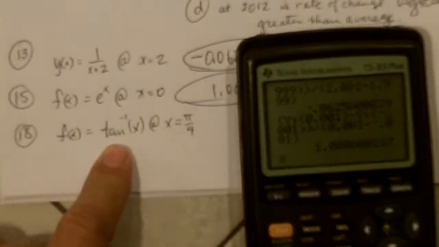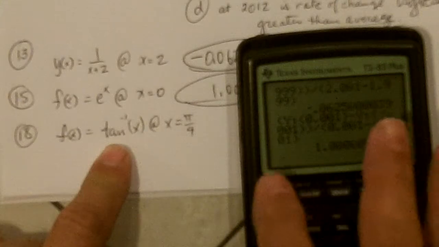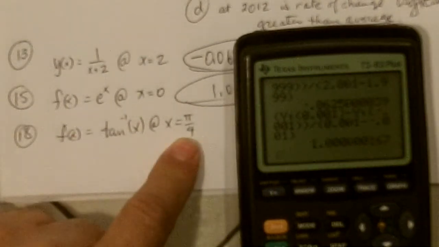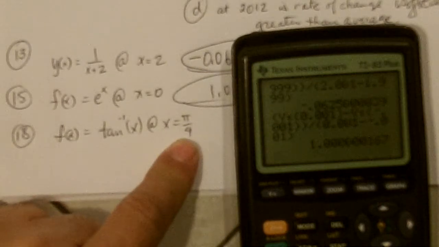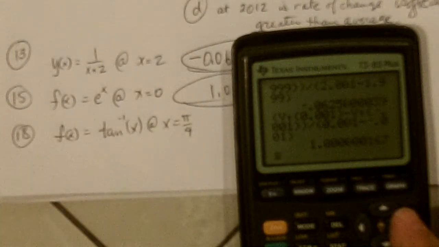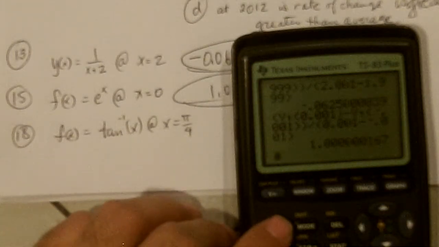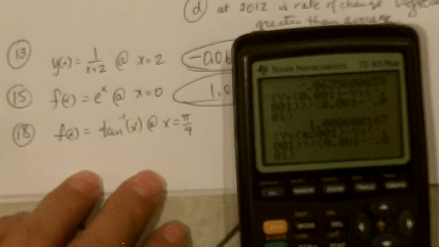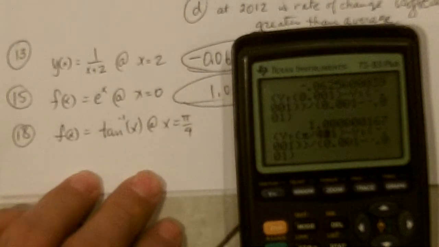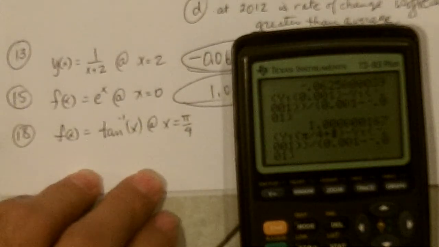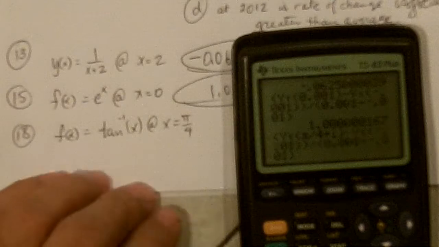Okay, tangent inverse of x. So just go to y equals and type in tangent inverse of x. Close parenthesis. Quit and now do it near pi over 4. Yeah, so this is going to be a little bit tricky because I don't know what pi over 4 is exactly. So what am I going to do? Well, I'm going to go up here, bring that back. I got to go a little bit past pi over 4, so I'm going to go pi divided by 4, a little bit past it, plus 0.001.